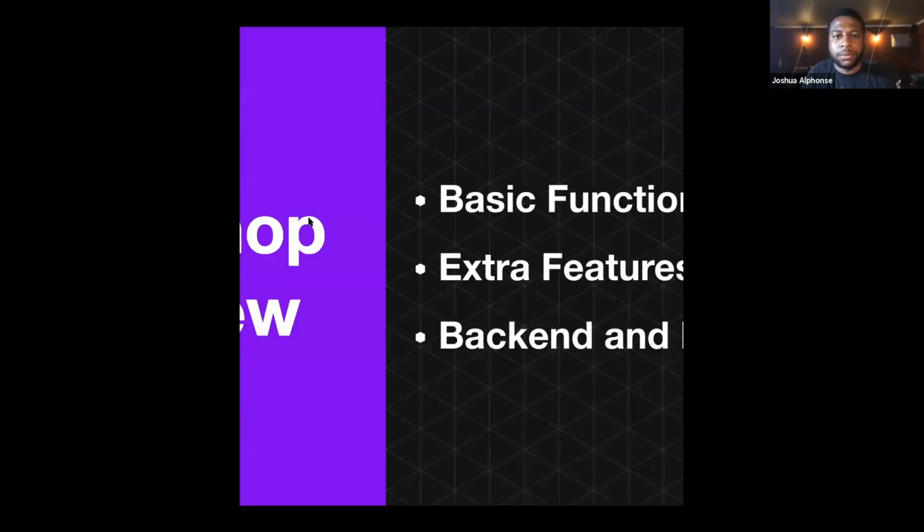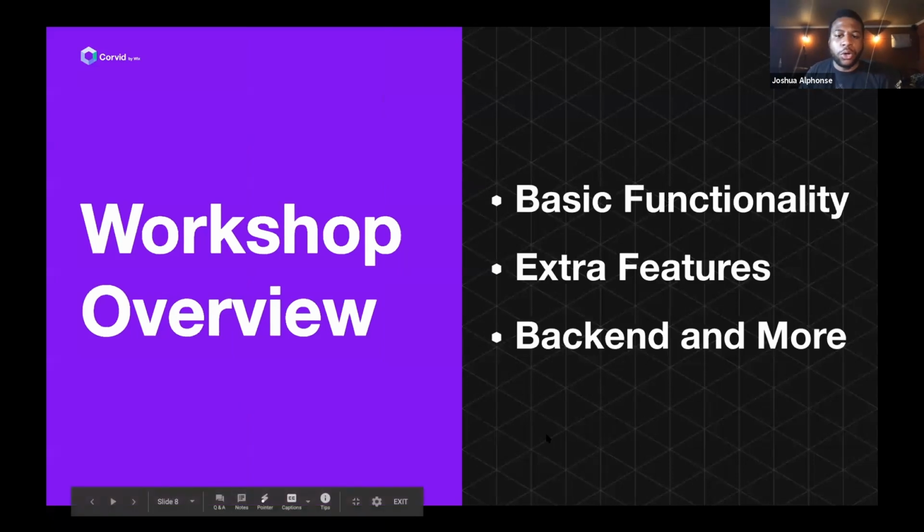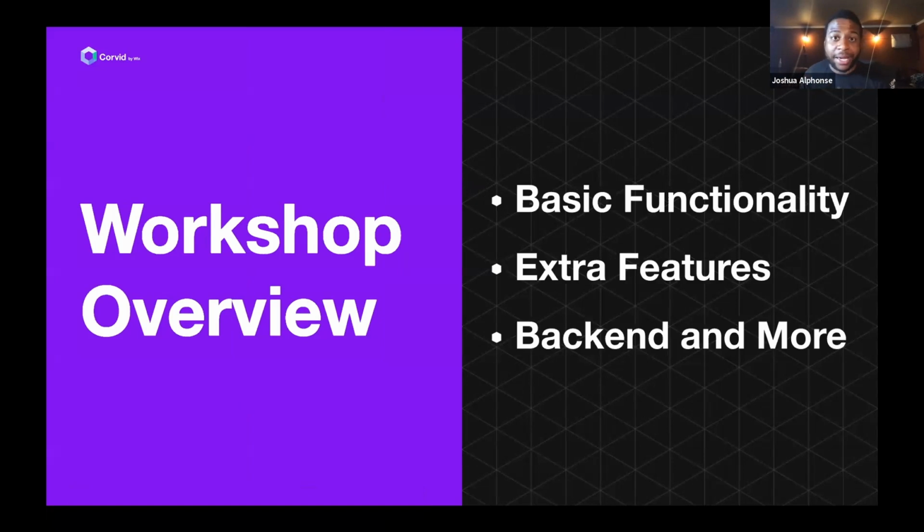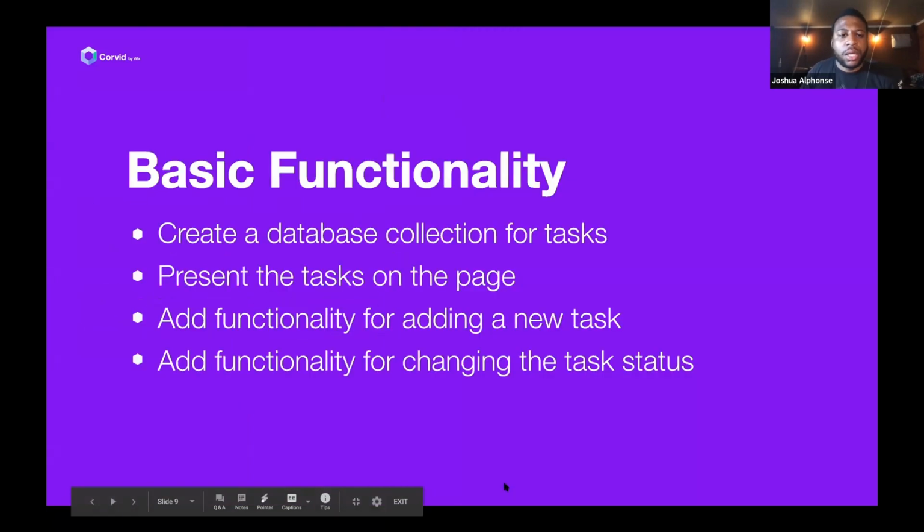So actually, let's go back to our screen here. Cool. So the workshop overview, we're going to be going over basic functionality, extra features, and we're going to explore the back end. For basic functionality, we create a database collection for tasks. A database collection is another word for database when you're using Corvid.